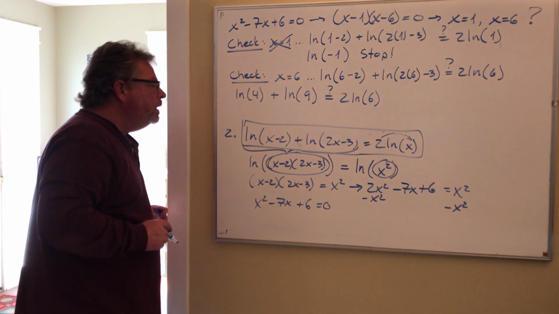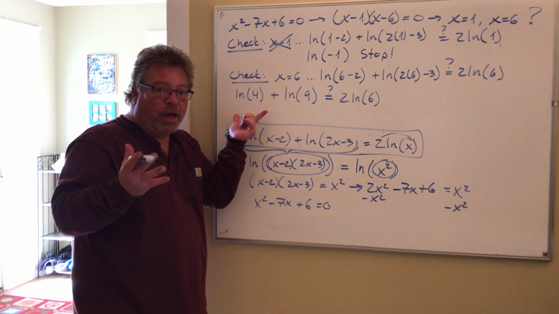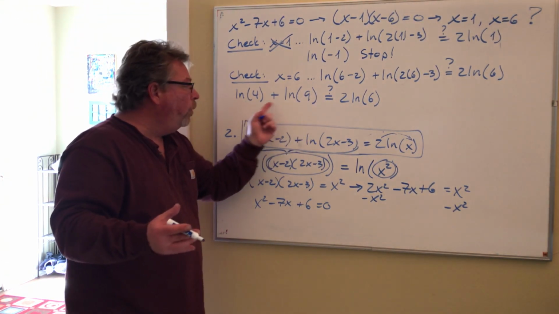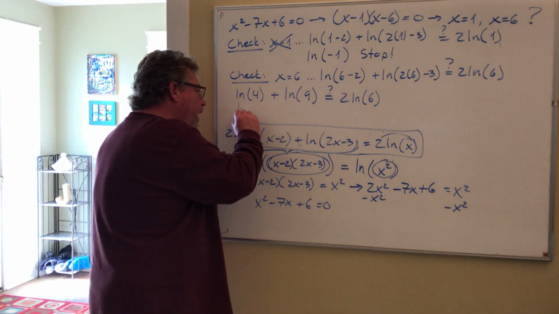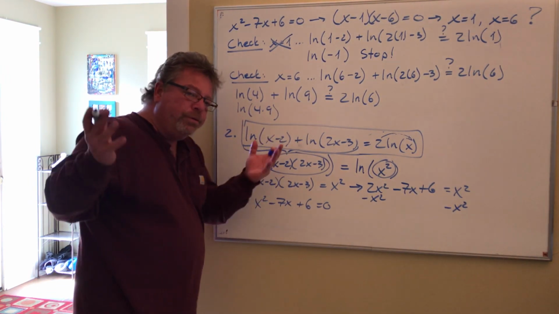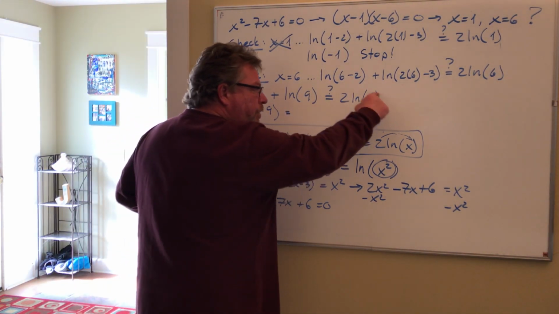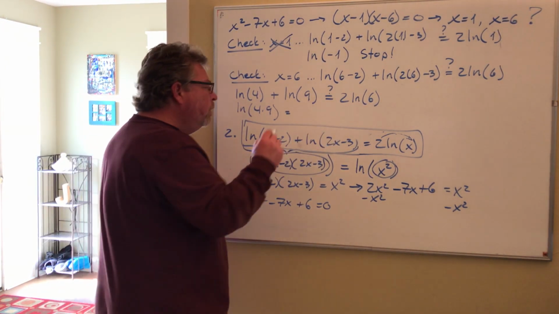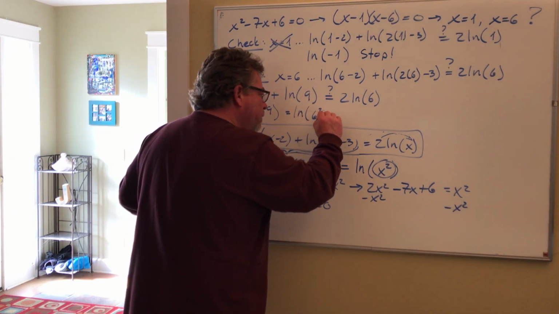So let's clean this up some. Natural log of 4 is a perfectly legitimate number. Natural log of 9 is a perfectly legitimate number. Both 4 and 9 are in the domain of the natural log function, so I can clean this up and write it as 4 times 9, bring those two logs together as a product. Natural log of 6 is a perfectly good value. 6 is in the domain of the natural log function, so I can write this as the natural log of 6 squared.